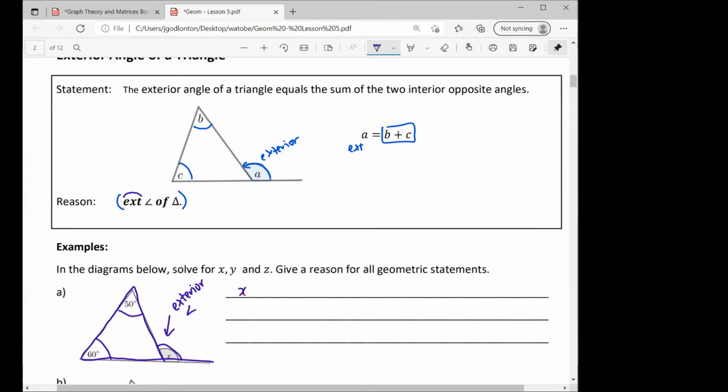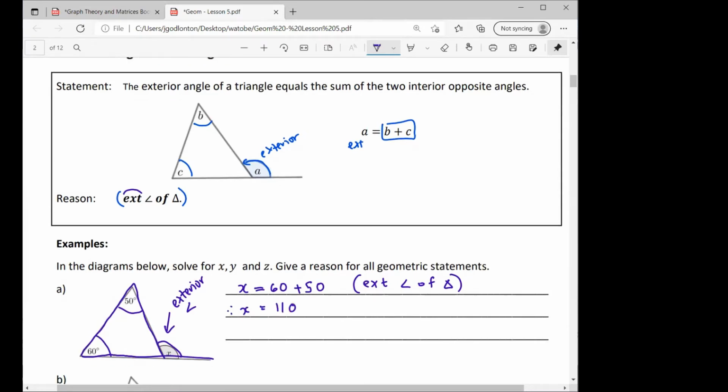So here, x is going to be equal to 60 plus 50. And our reason is exterior angle of a triangle. You could also write it the other way around: 50 plus 60 equals x. That's also fine. And so x is going to equal 110 degrees.